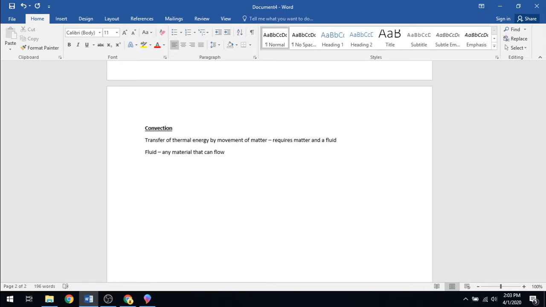So usually we think of liquids as fluids, but gases are also fluids because they can flow. When you fan your hand in front of your face, you can feel the air moving toward your face, and that is a fluid. Sometimes solids can act like fluids, especially deep down in the earth when different rocks move around, but we're not going to get into that.